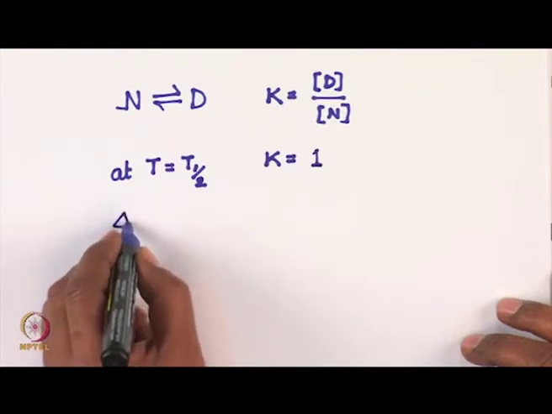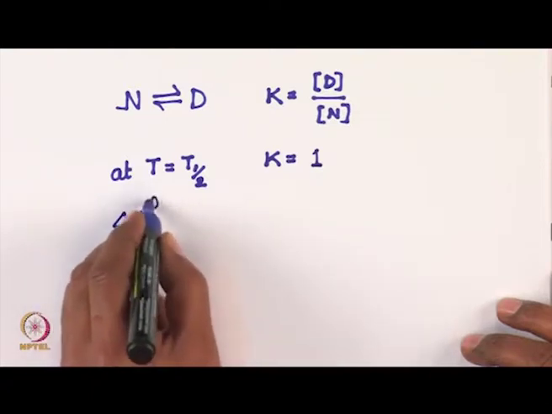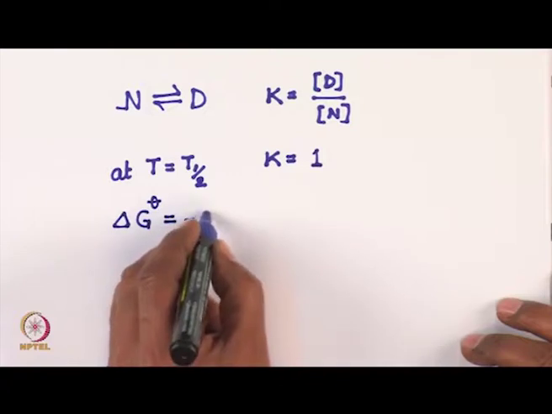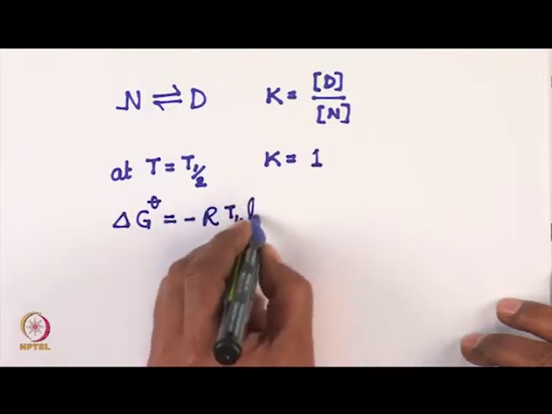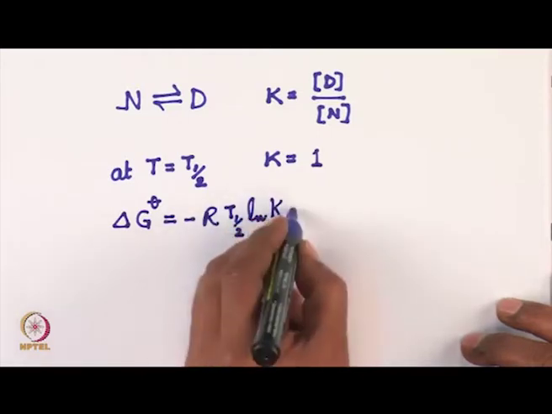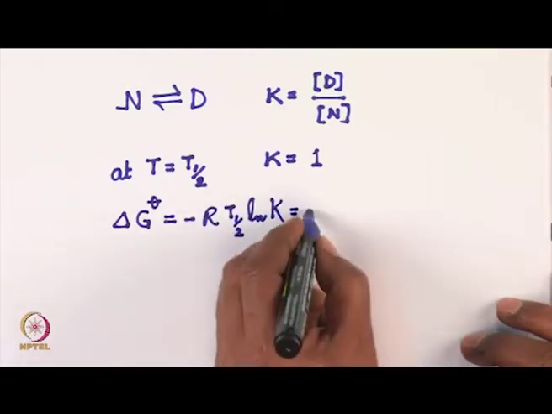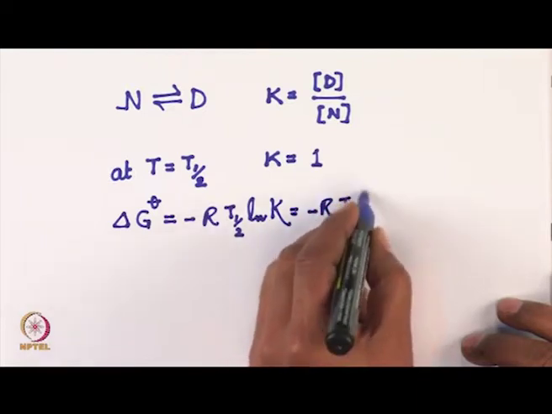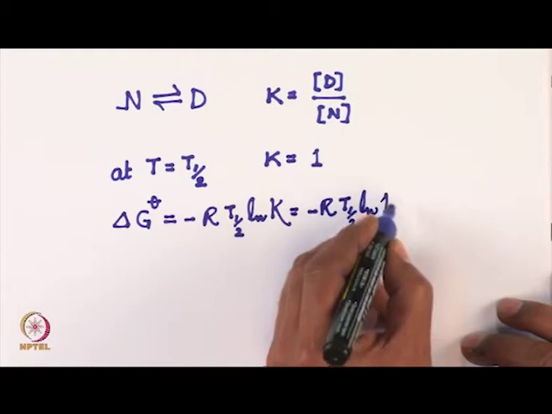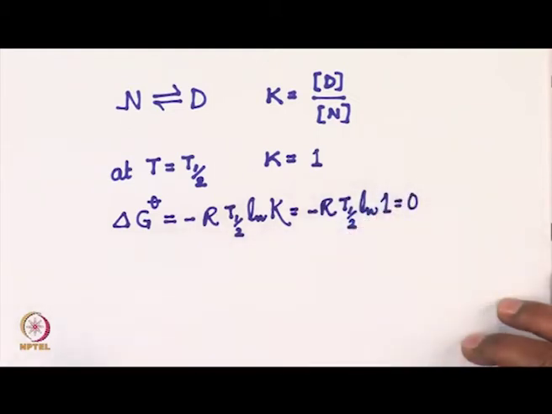So therefore, delta G naught is equal to minus R T half log K, which is equal to minus R T half log 1, and this is 0.